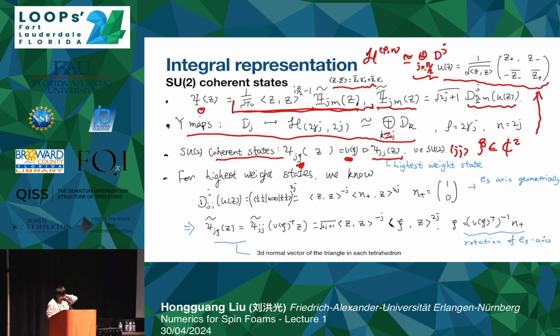We can write out explicitly what this highest weight state is, because if you are familiar with SU2 representation theory, the Wigner D matrix, the highest weight state here is nothing else but the one-half state of SU2. Basically, it is the fundamental one-half representation to the power 2j.